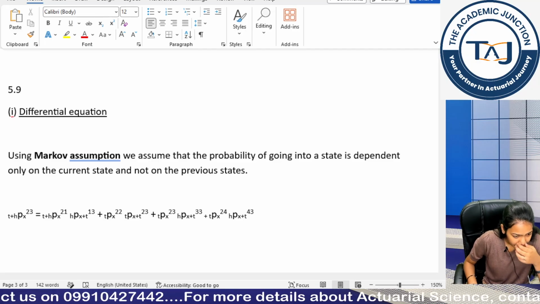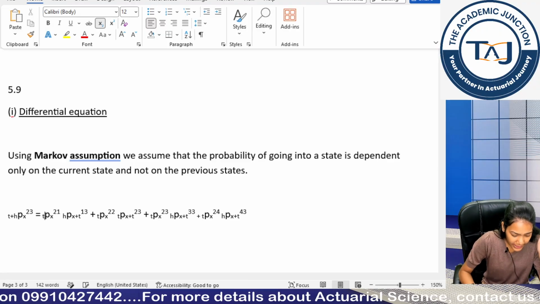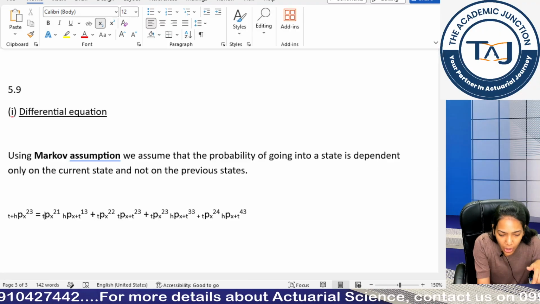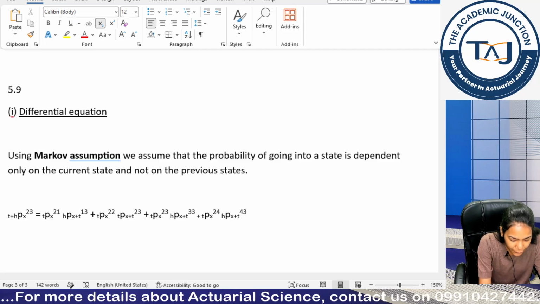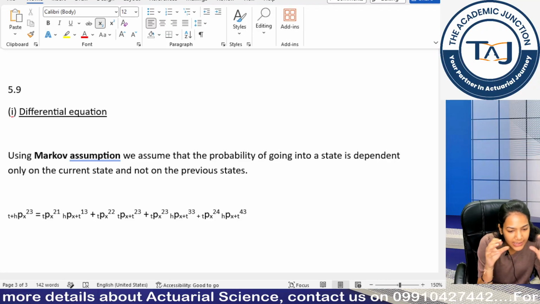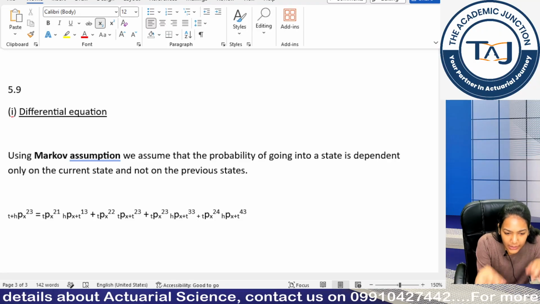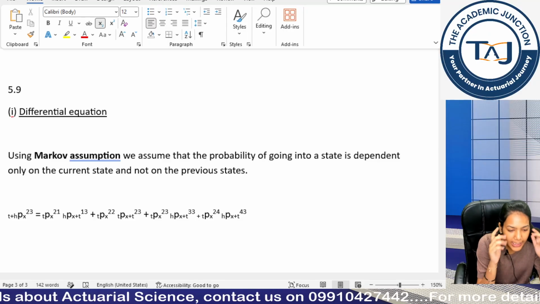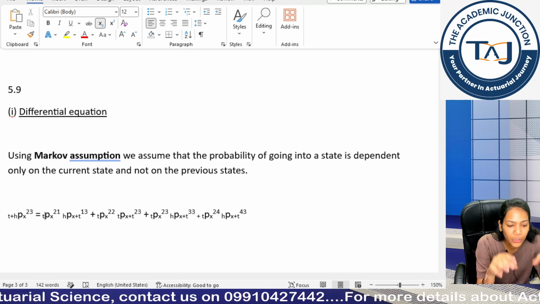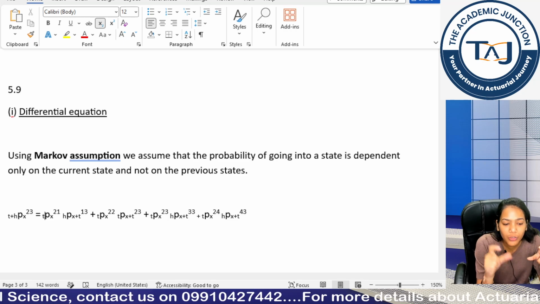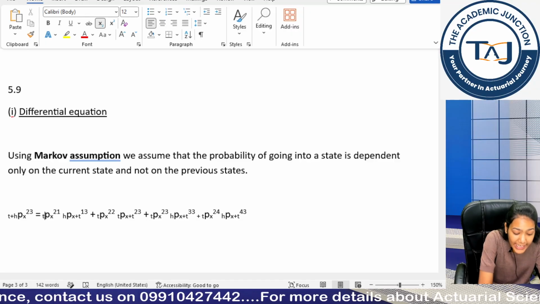Clear guys? What I mean to say is that if you have something in your copy and you are simply copying that into your Word, then go for copy paste. It's a lot faster, a lot easier. But if you are thinking and typing at the same time, which is mostly the case, then you should go for normal typing. That is, you should minimize your use of copy paste in this context.